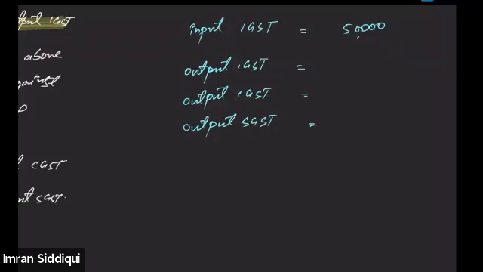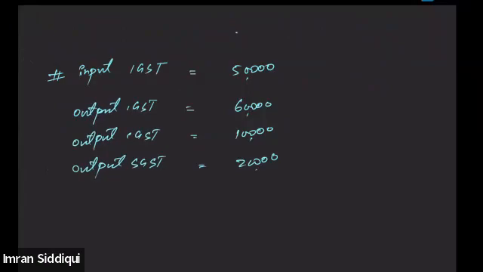Let's suppose this is 60,000 and 10,000 and 20,000. We'll just first of all talk about the adjustment or the setting off of the IGST only. And let's suppose this is situation number one, case one.